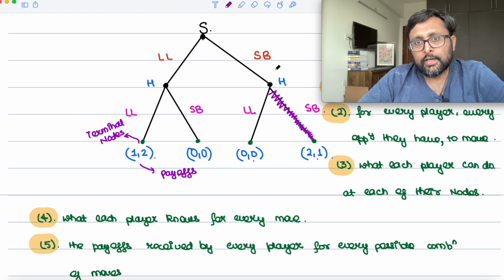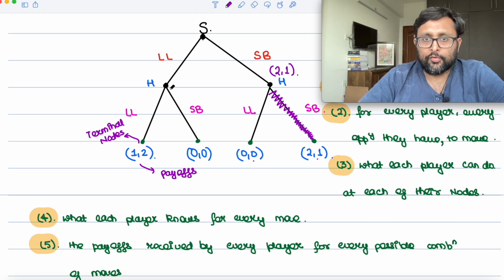So I can write, let's say, this becomes the payoff for this SB node. Now if he's sitting at this particular node, then he has to compare between 2 and 0. Think about it, what will he choose? He will choose 2. So this is the winning node.